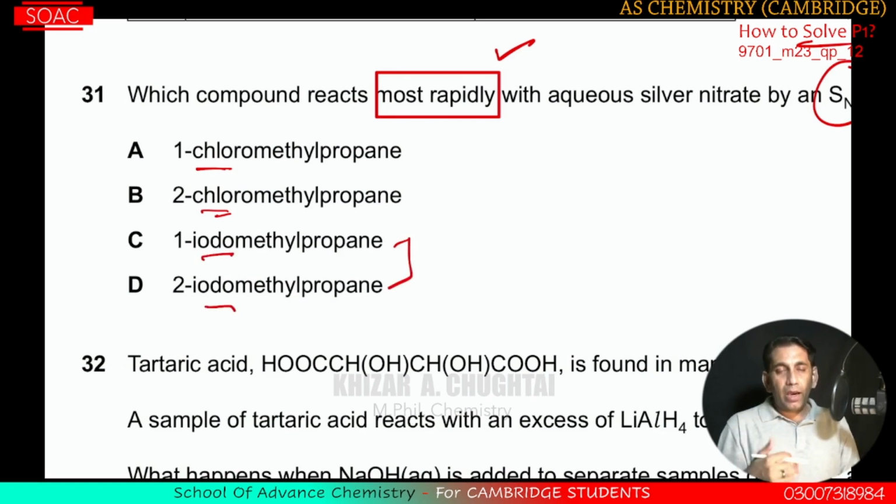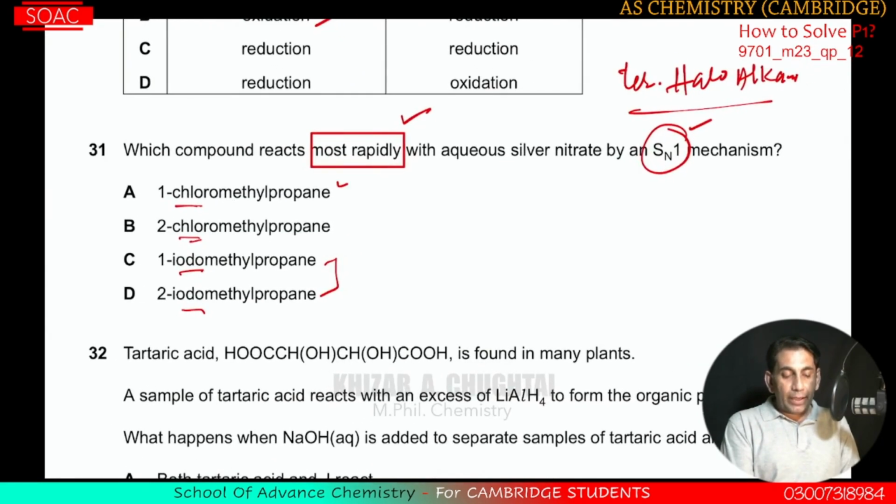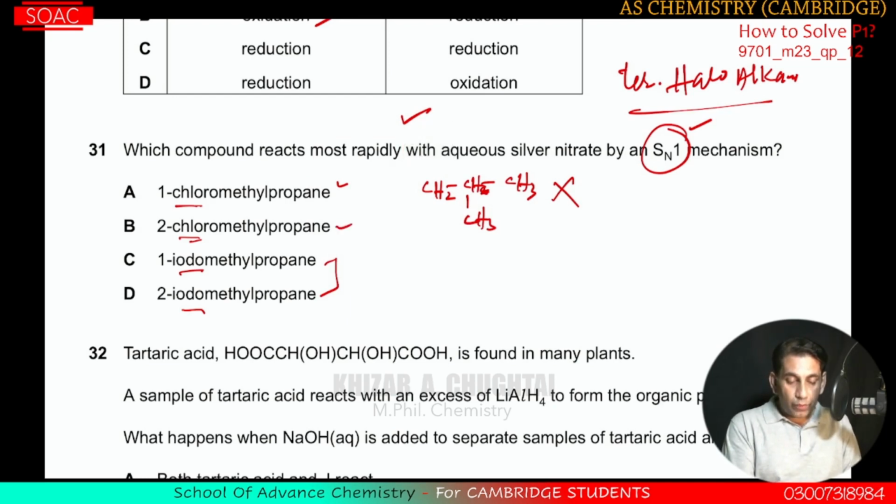Iodomethane or iodomethyl, I'm going to write the structure of this one. 1-chloro-2-methylpropane: CH2, CH, CH, and CH2, and here is Cl. But this is not the tertiary haloalkane. The next one, 2-chloro-2-methylpropane. Yes, we can write it over here. Yes, it is a tertiary haloalkane.